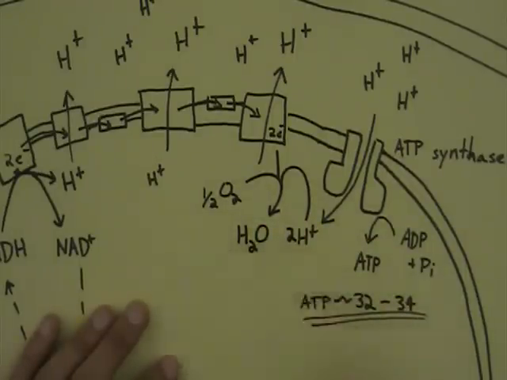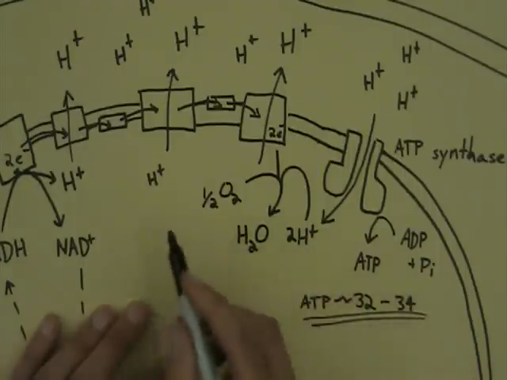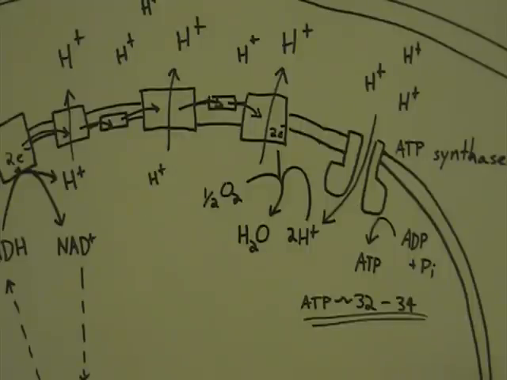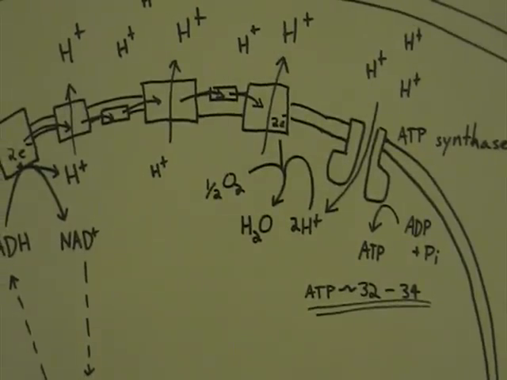Water is being made. And for every glucose that is respired, 6 of these are made. 6 H2O. The water can leave the cell, or it can be used by the cell in other processes, but water is being produced here.